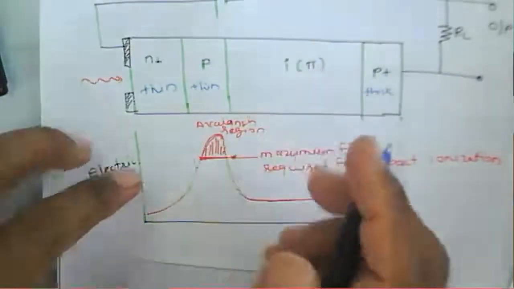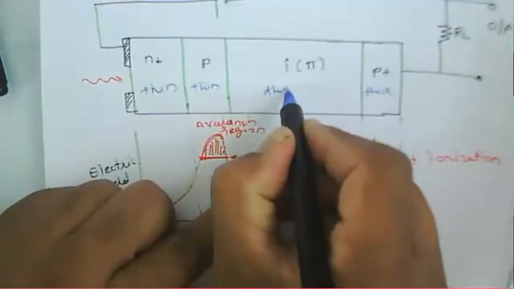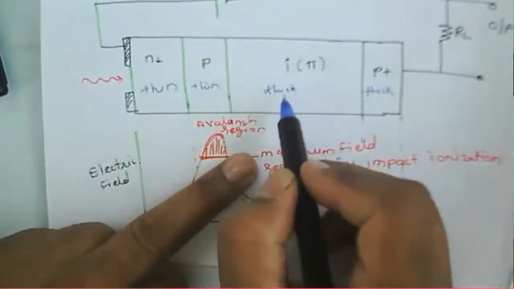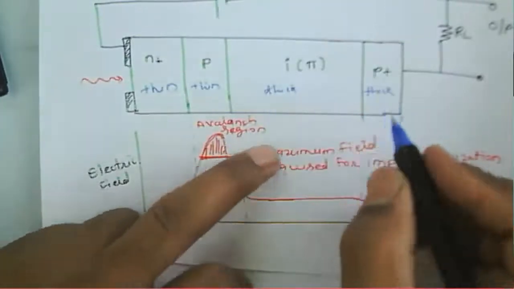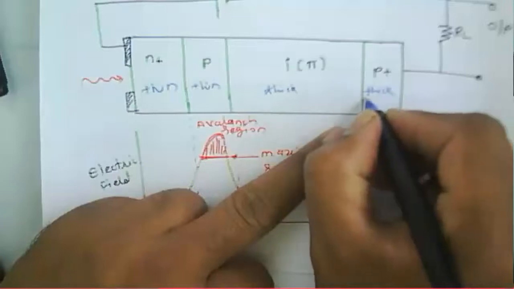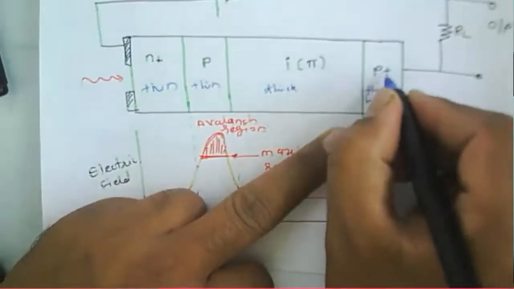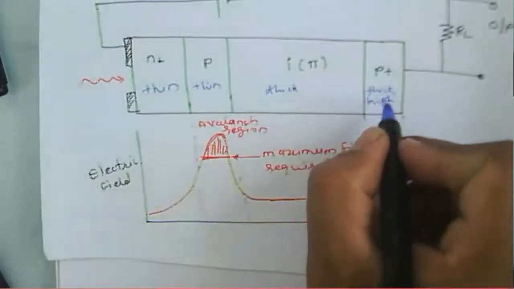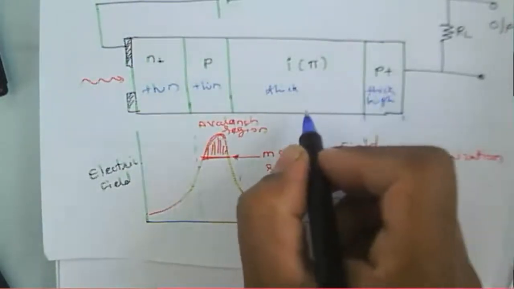And this layer will be a thick layer, and this one we can say is a thick layer again, and this one is an intrinsic layer. And this layer is highly doped, because P plus means a highly doped layer. So this one is thick, and this one is a highly doped layer.